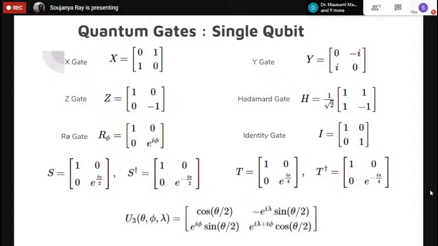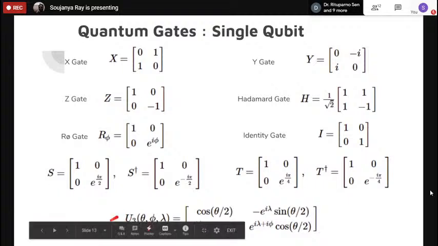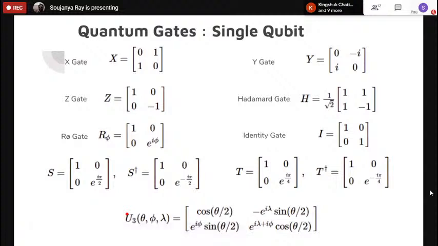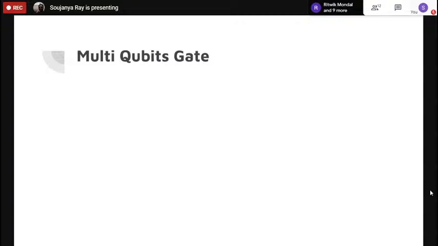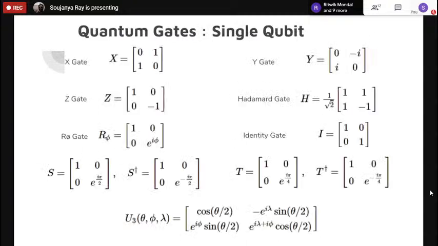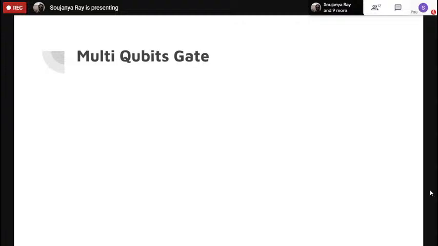Now the S gate and T gate are non-parameterized gates, but the U gate is a universal gate which can act as all the above gates. So this is the chart where you see the single qubit quantum gates and multi-qubit gates.